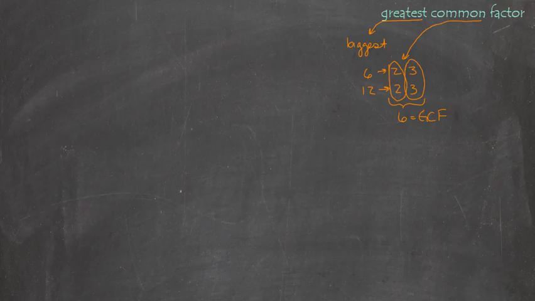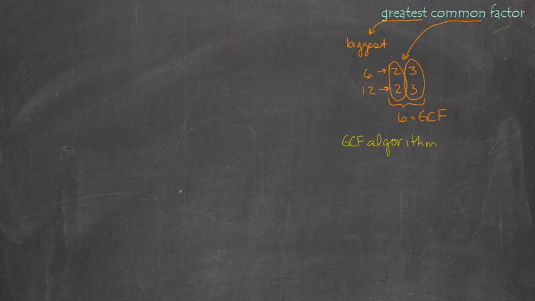Easy enough. But when we start wanting to work with numbers bigger than 6 and 12, it can get a little bit complicated. So we actually have a GCF algorithm, the greatest common factor algorithm.